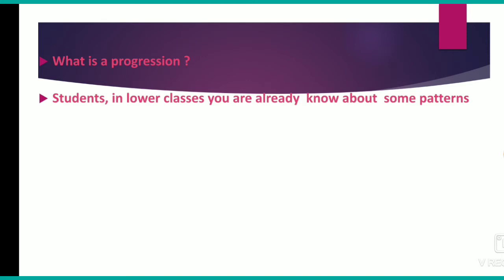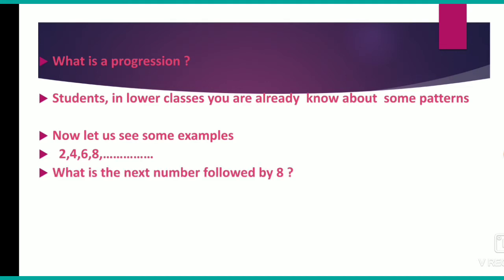Students, in lower classes you already know about some patterns. Now let us see some examples. 2, 4, 6, 8 and so on. What is the next number after 8? Yes, it is 10, and next 12, 14 and so on.